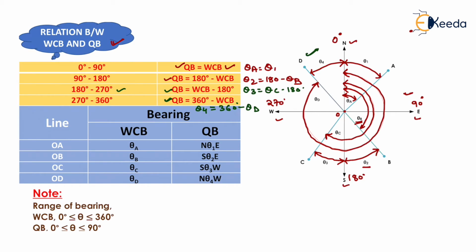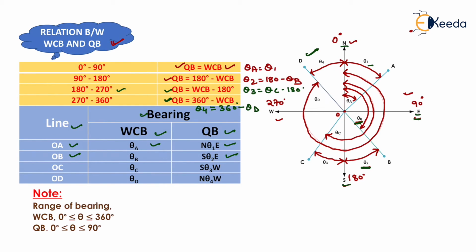Now we have written here the line and bearing, that is whole circle bearing and quadrantal bearing. Now for line OA, the whole circle bearing is theta A and the quadrantal bearing is north theta 1 east. Now for line OB, whole circle bearing is theta B, and quadrantal bearing is south theta 2 east.